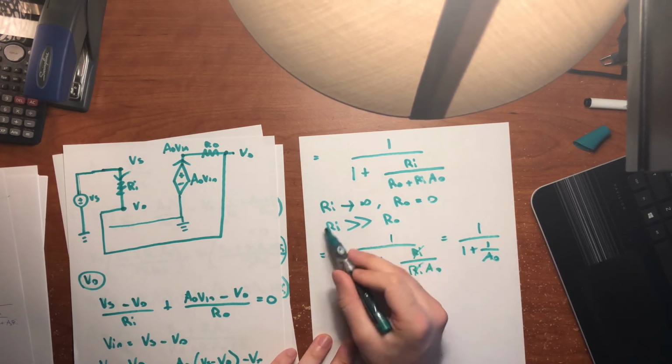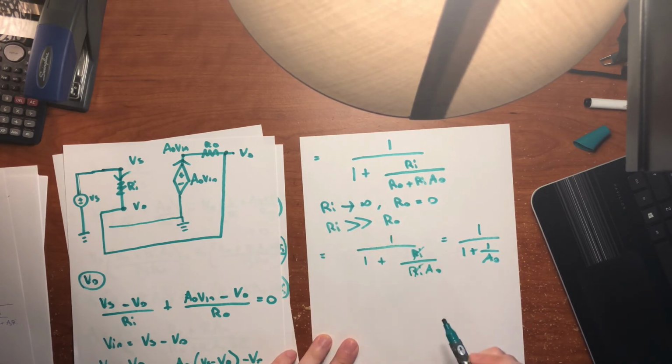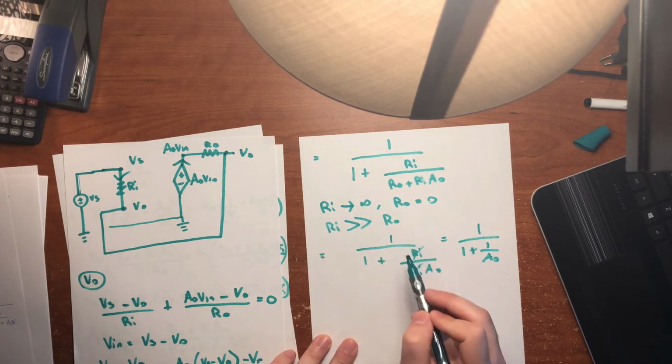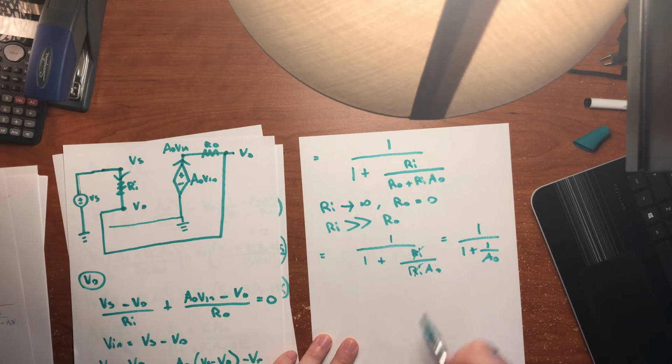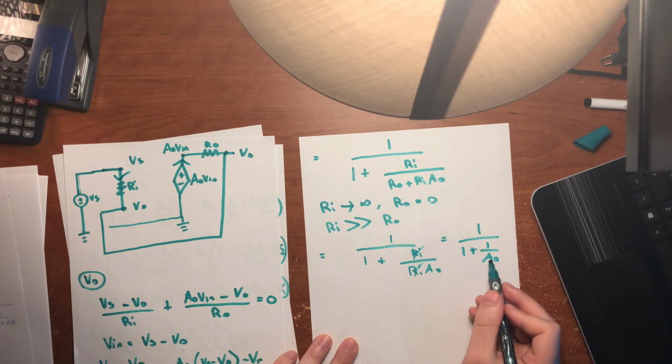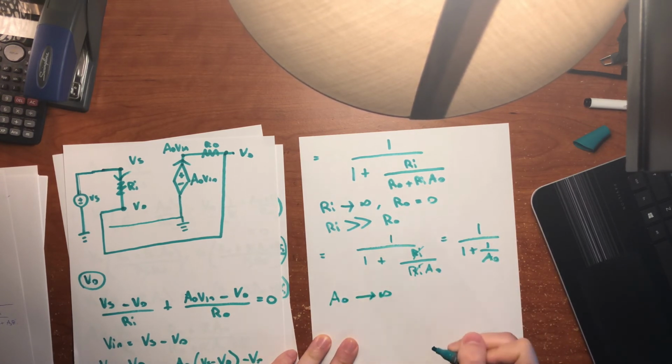Okay, so we got rid of the terms, the resistances. If Ri is significantly greater than R naught, we could say that these two resistances don't really affect the overall gain of the circuit. Now let's assume the op amp gain, A naught, goes to infinity.